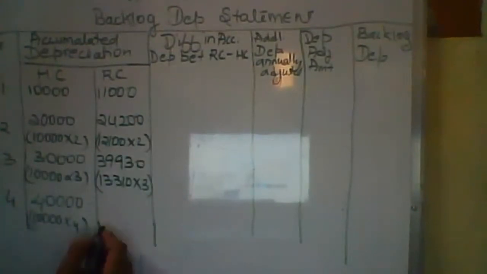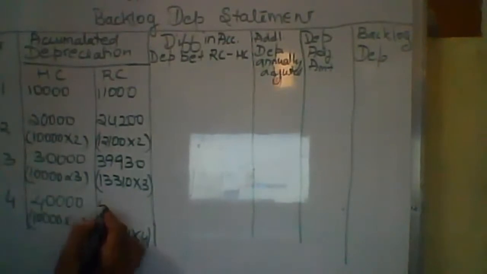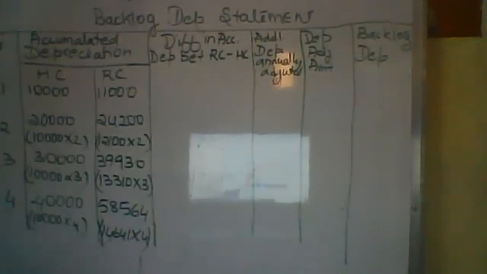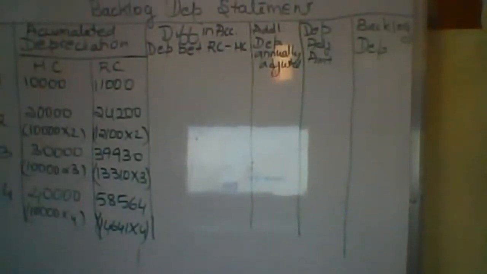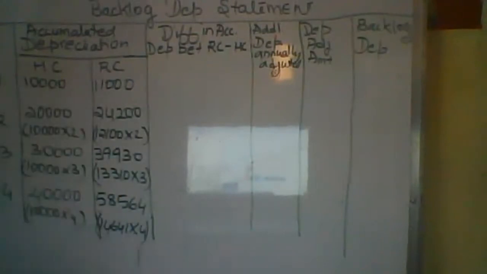Fourth year, how much do we have? 14,641 into 4. That gives you 58,564.